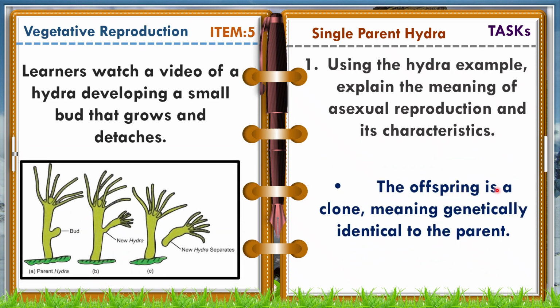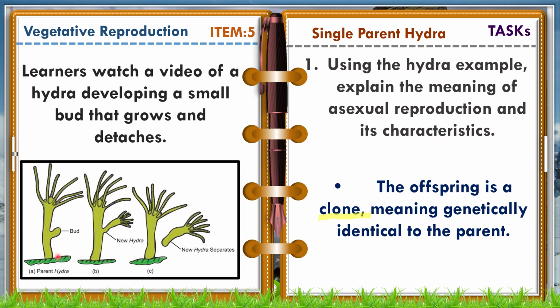The offspring is a clone. What we mean by a clone is that it genetically and physically appears like the parent.